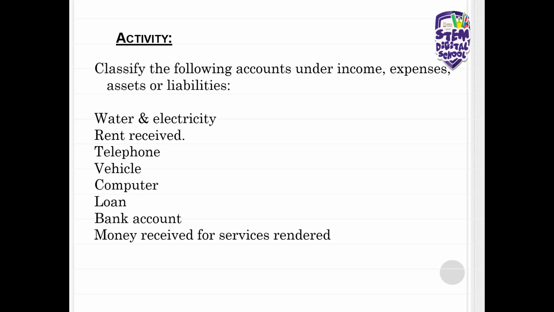What I want you to do is take each of these accounts and decide, is it going to be an income, an expense, an asset, or a liability? I will give you another 3-4 minutes on that one.